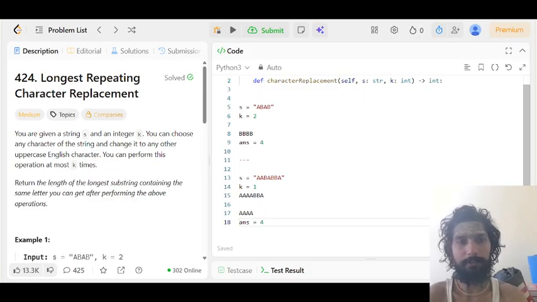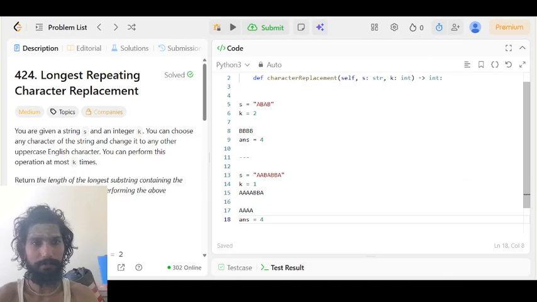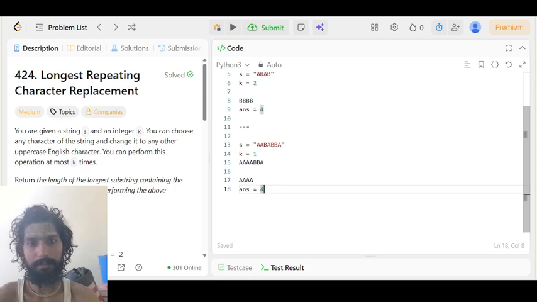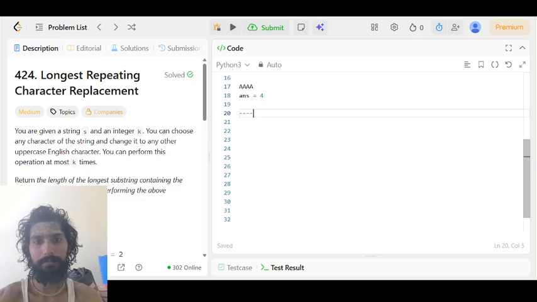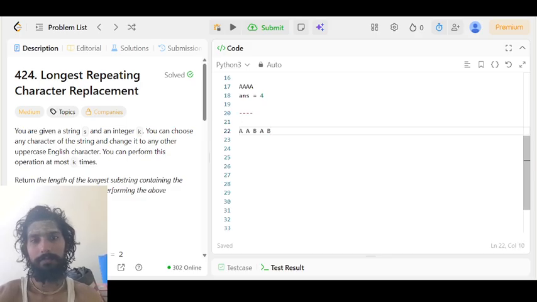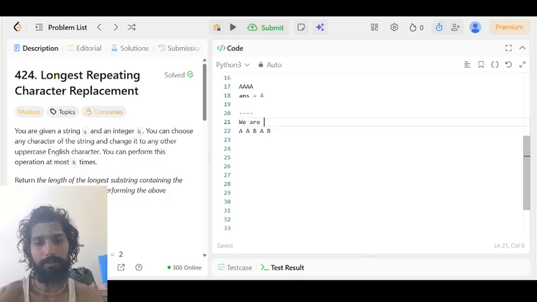Let's dive deeper. Let's imagine we are looking at some window A B. So we are looking at this window.